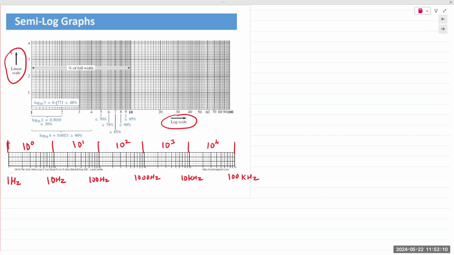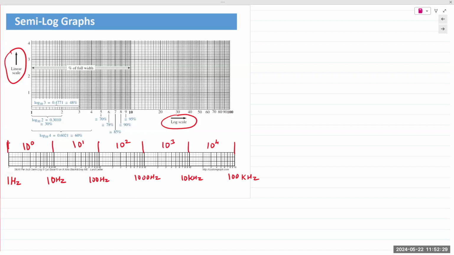When you're plotting the data points, the magnitude of the transfer function in dB, we are already taking the log, so we're already compressing the data points. So we don't need to compress the y-axis. The y-axis is linear because the data points themselves are compressed.